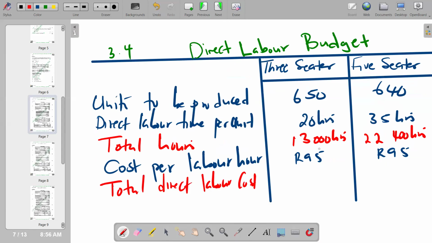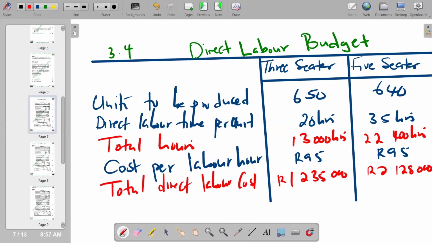So we are now saying 13,000 hours times 95 rand for the 3-seater, and then you get your 1,235,000 rands. Then for 5-seater, 22,400 hours times 95 rand, your answer is 2,128,000.